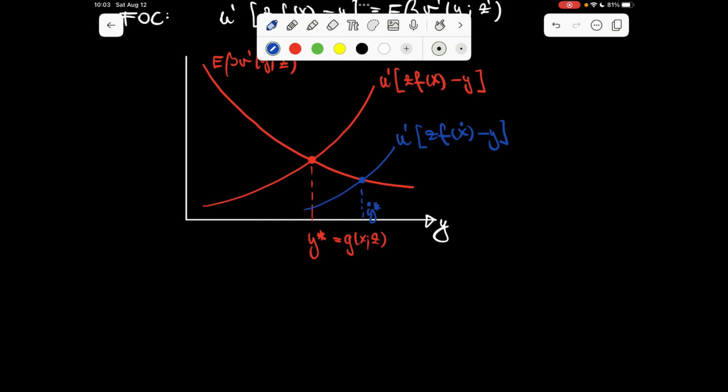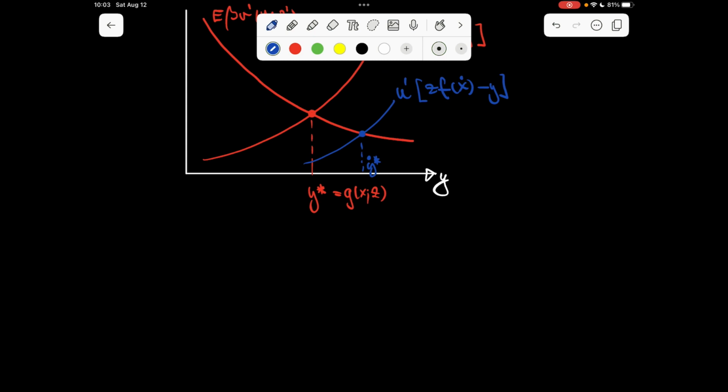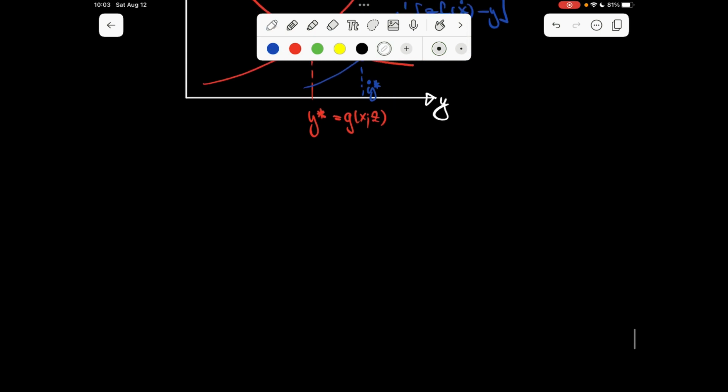So intuitively we can say that the policy function g is increasing in x, but we want to find a formal way in which we can demonstrate that policy function g is increasing in x, plus policy function g is increasing in z.